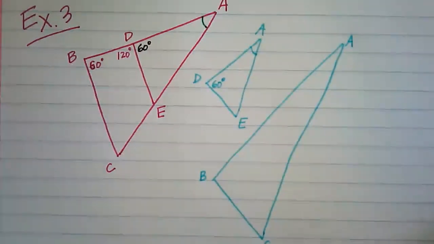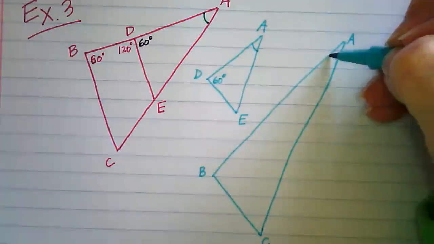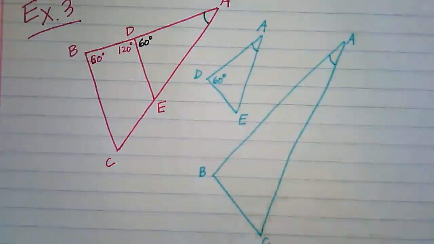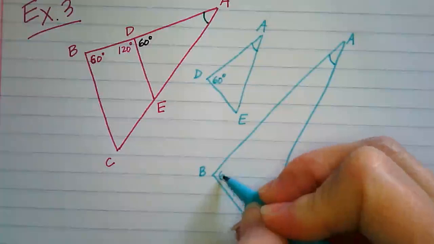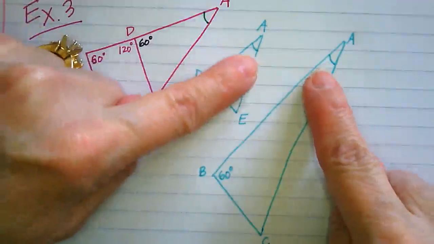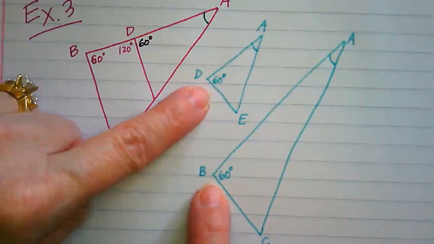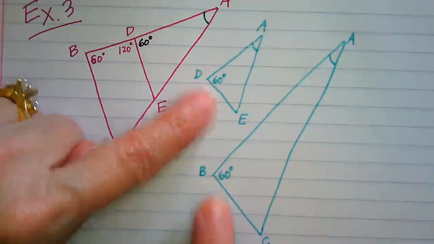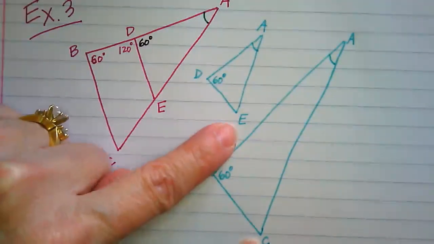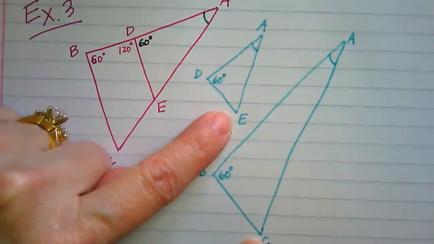All right, but then we have the bigger triangle, which is triangle ABC. That one has that mark up here, and this angle down here is 60 degrees. So here's what I know. Those two angles are going to be congruent, those two angles are going to be congruent, and even though I can't figure out what the numbers are, those two angles are going to be congruent.